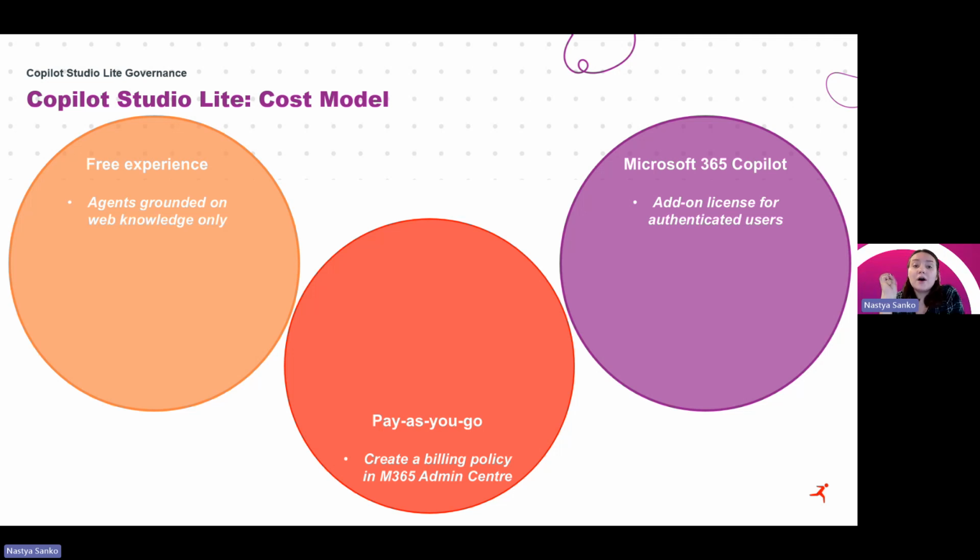You also can enable the full Copilot Studio Lite experience through the add-on Microsoft 365 Copilot license. So unless Copilot agents are blocked on your tenant, anyone who has a Microsoft 365 Copilot license should be able to build and use agents through Agent Builder. And then you have a third option, which is pay as you go.